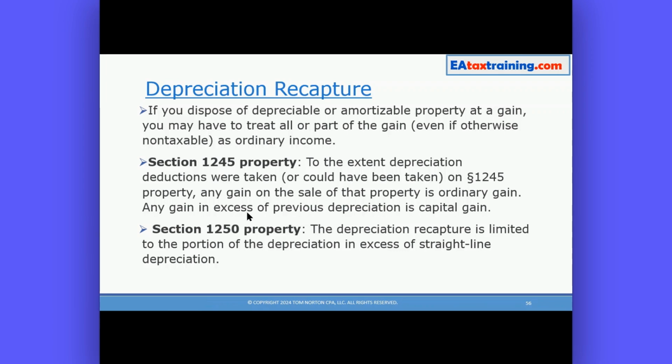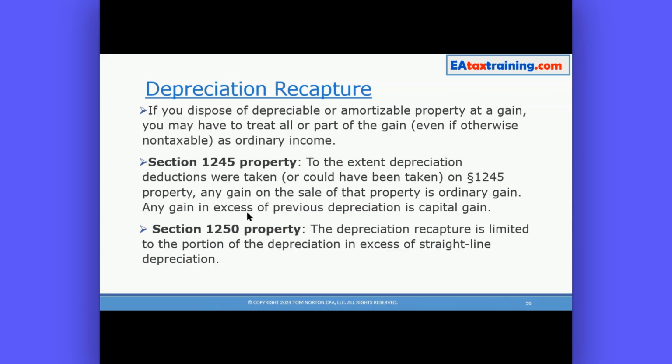The rules are a little different between 1245 and 1250 property. For Section 1245 properties, remember that's personal property, to the extent that depreciation deductions were taken or could have been taken, even if you didn't take them, any gain on the sale of that property is ordinary gain. Any gain in excess of previous depreciation is capital gain.